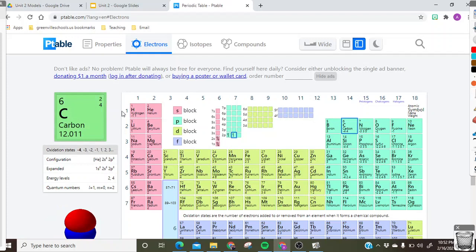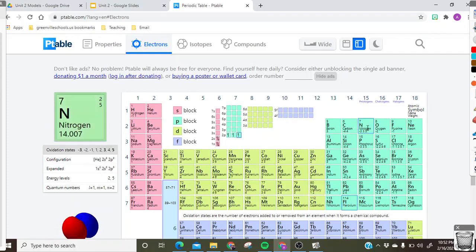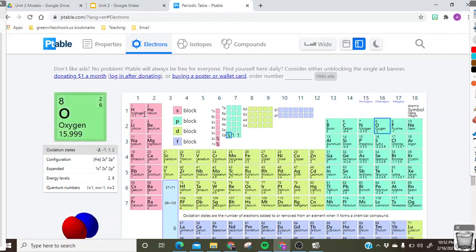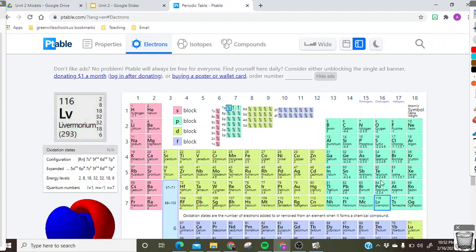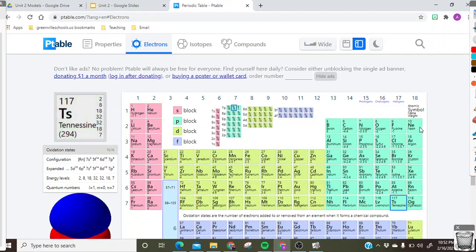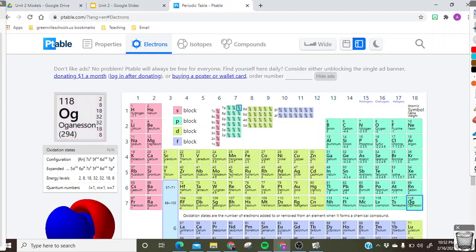Come to this family, we're up to 4 valence electrons, as you can see. When we come to this family, the pnictogens, they've all got 5 valence electrons. Then we come to the chalcogen family, they all have 6 valence electrons. Come to the halogen family, we've got 7 valence electrons. And lastly, we come to the noble gases, and all of the noble gases have 8 valence electrons. So that's how the periodic table is set up.